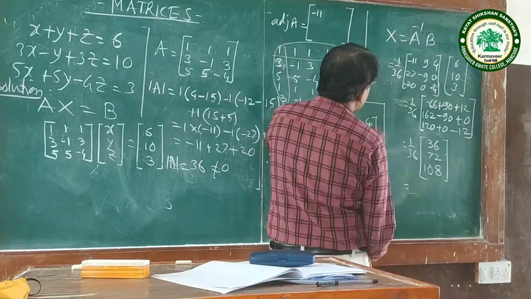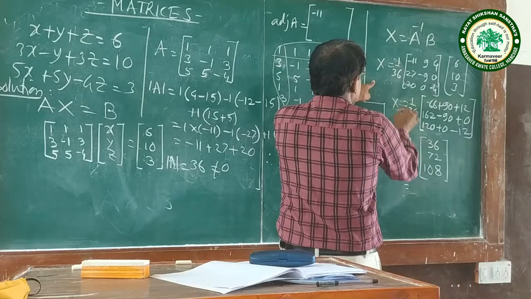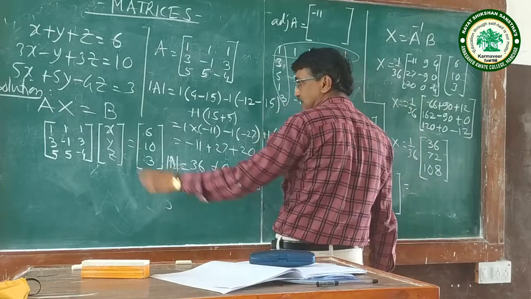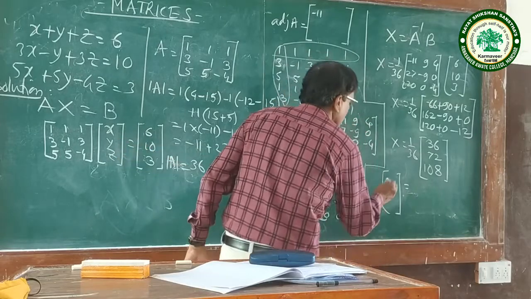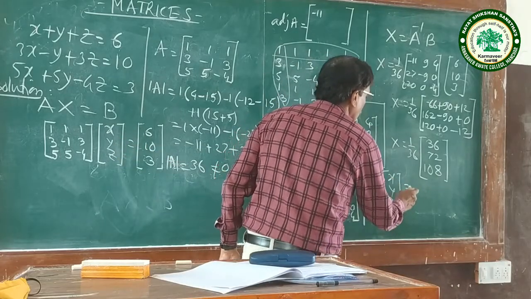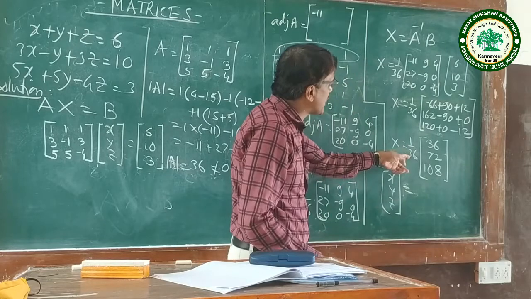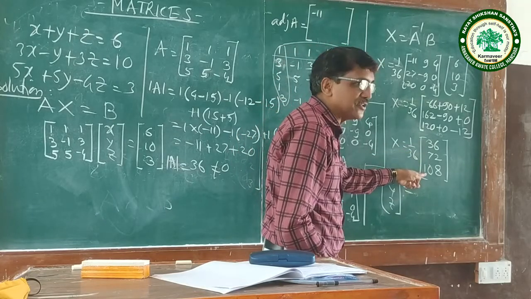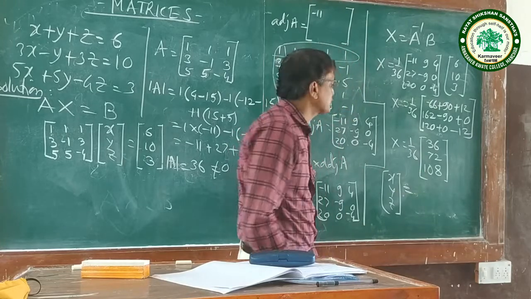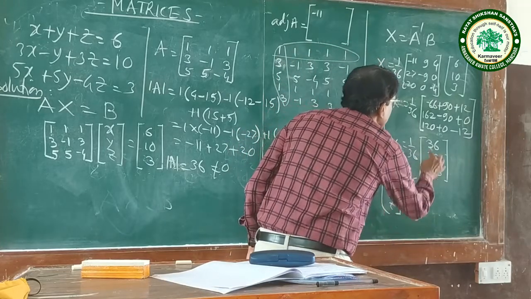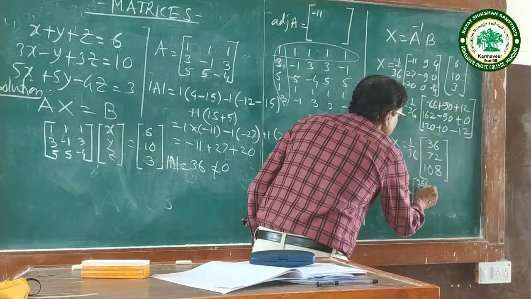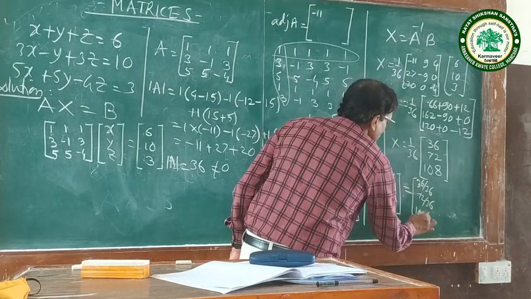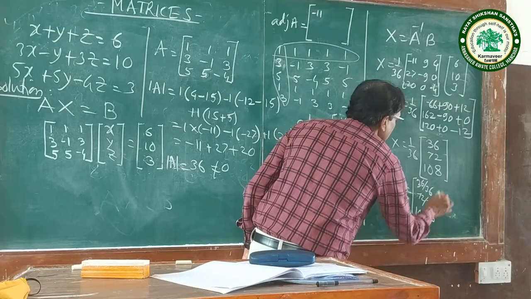Now what is our left side? It is the matrix X, capital X. Now what is capital X? It is the matrix of variables. See here, X, Y, Z. So X, Y, Z is equal to, see there is a 1 upon 36 outside the matrix. So divide every element of the matrix by 36. So what we get? Inside, 36 upon 36, 72 upon 36, 108 upon 36.